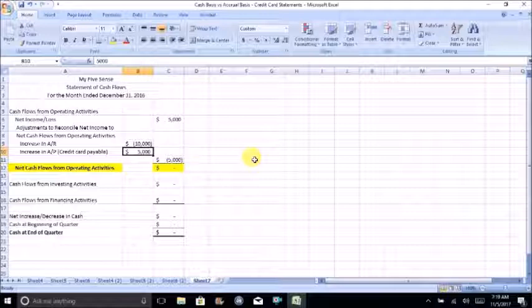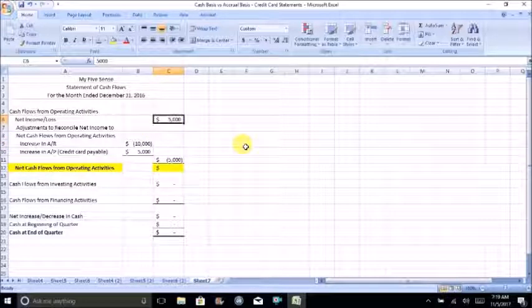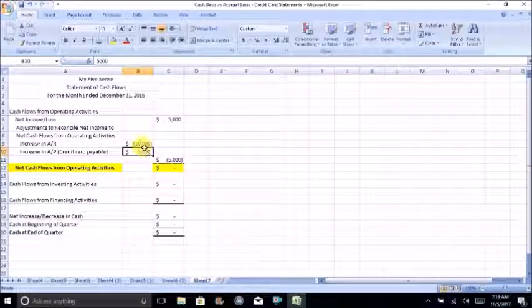The increase in accounts payable, the $5,000 of expenses, that's also a portion of what makes up net income. That $5,000 of expenses that's in there is not cash paid expenses. So that was entered in, and while that was in there, those expenses are deducted from income.